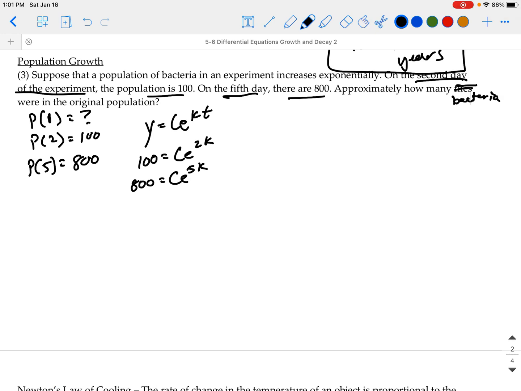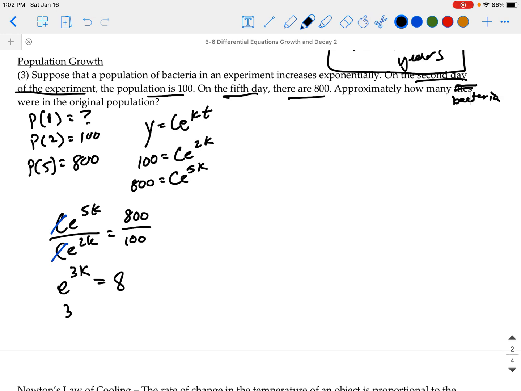So what we'll note is that proportionally, we could say Ce^(5k) over Ce^(2k) is equal to 800 over 100. And again, that means that we can cancel out C by division, subtract our exponents here, so we'll have e^(3k) is equal to 8.